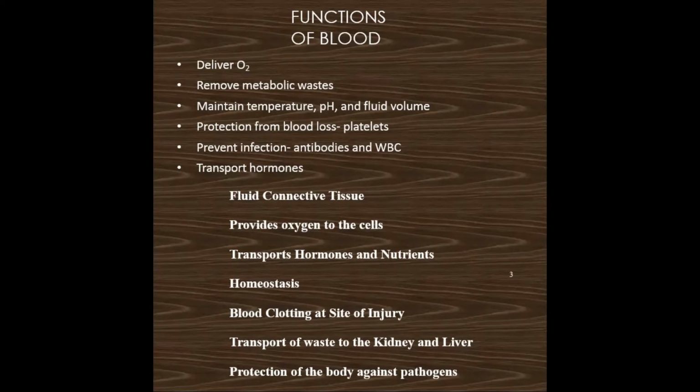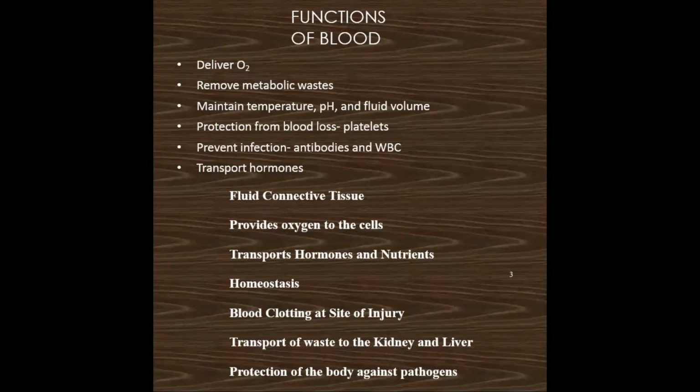It transports oxygen to cells throughout the body, and it removes waste carbon dioxide from the cells. So the most important function is to deliver oxygen and remove metabolic wastes. It also helps to maintain temperature, pH, and fluid volume because it's the largest fluid present in our body.